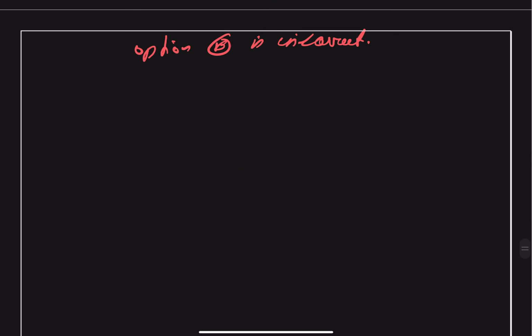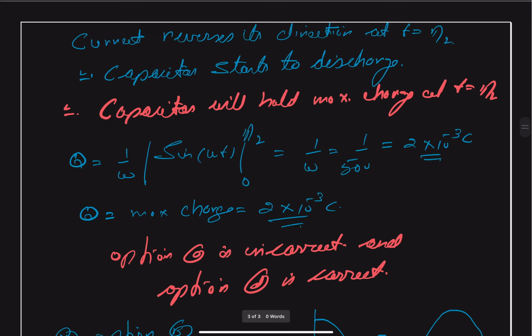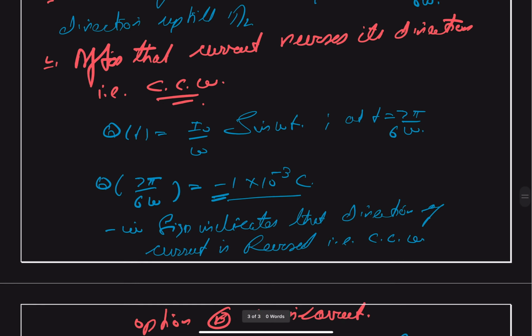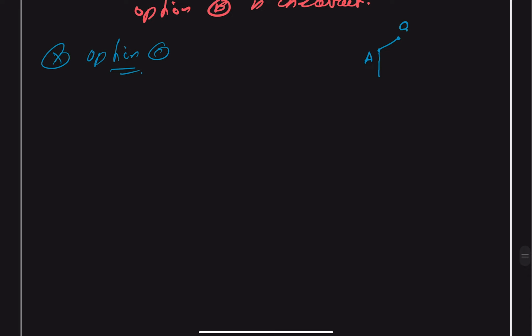So we come to option C, and in option C, now the point A is connected with D. And we have a resistance and a capacitor here.